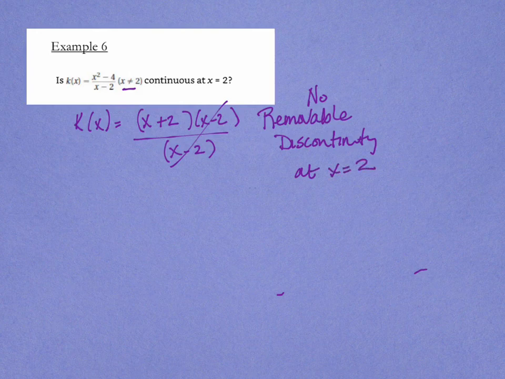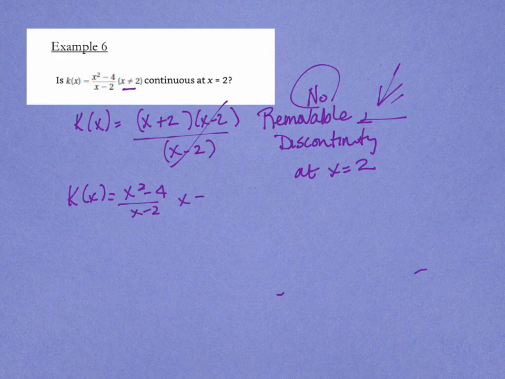Okay. So now I'm going to teach you about changing it from not continuous because it's removable to making it continuous. That's why it's called removable. So I could reassign k of x to be x squared minus 4 over x minus 2 at x not equal to 2, as a piecewise, and then I could say that it equals something at x equals 2.